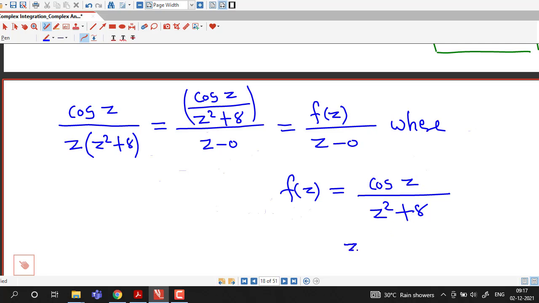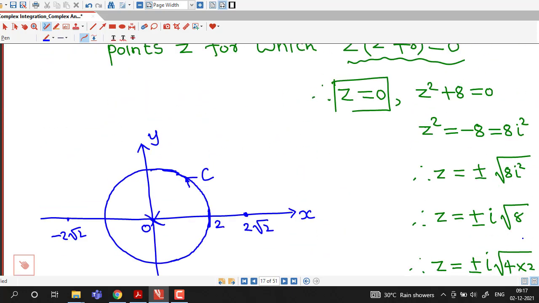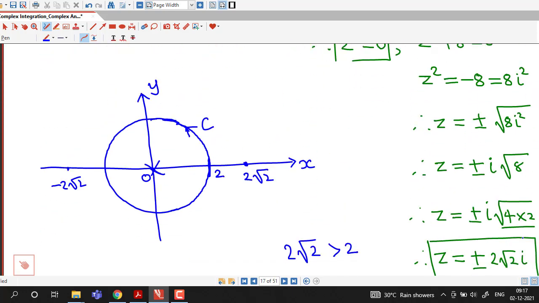analytic if z square plus 8 equal to 0, and that we have seen if z is plus or minus 2 root 2 I. Now plus or minus 2 root 2 I will be somewhere here, because this radius is 2, we have 2 I here, so 2 root 2 I will be somewhere here and minus 2 root 2 I will be somewhere here.